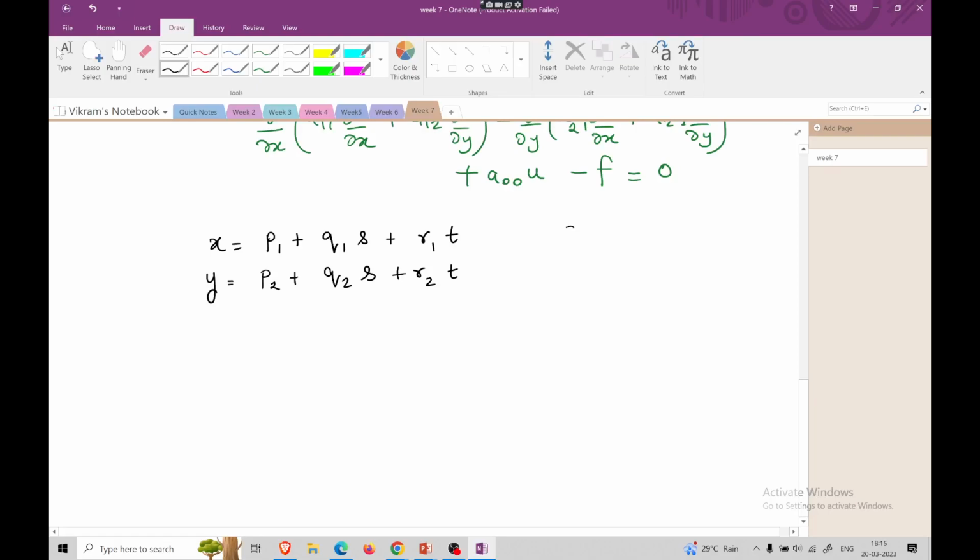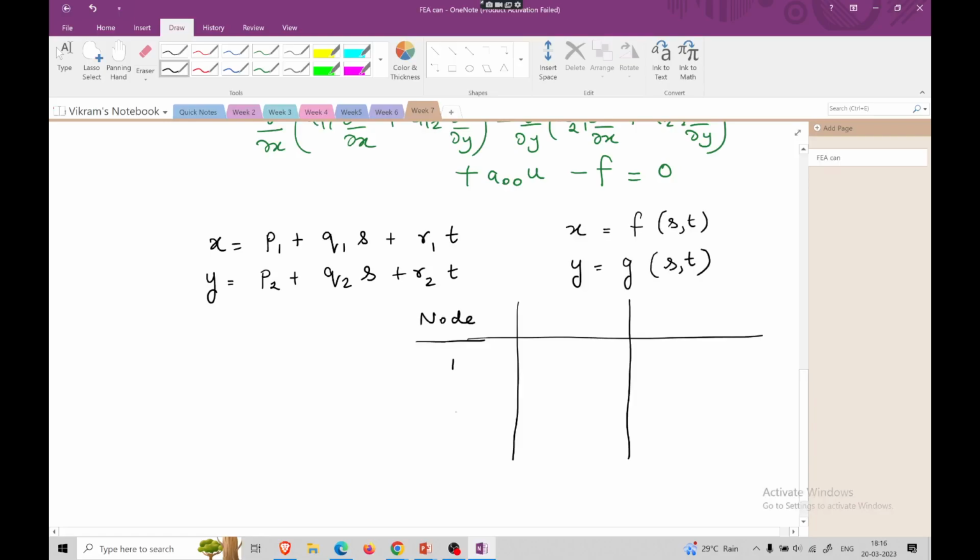So I'll write a small table over here. This will be my node, this will be my coordinates in the xy coordinate system, this will be my coordinates in the st coordinate system. So I will go back to the drawing over here.